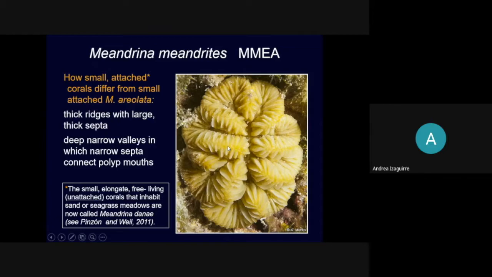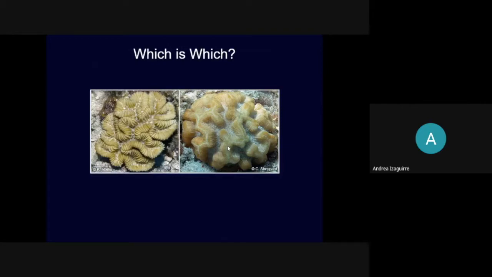But again, in most of these surveys and whenever we're out diving, we're not really going to be paying attention to these smaller corals. Okay, so if you see very thick, chunky septa here on my left, that is going to be my Meandrina meandrites, and then on my right, I'm going to have my MARE or Manicina areolata.